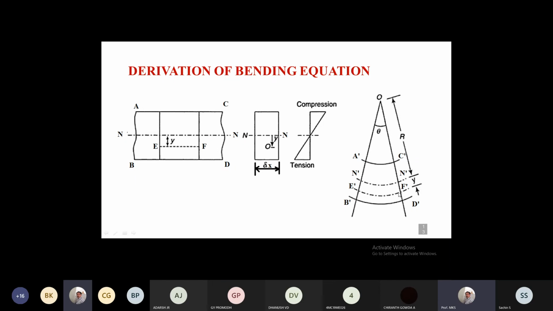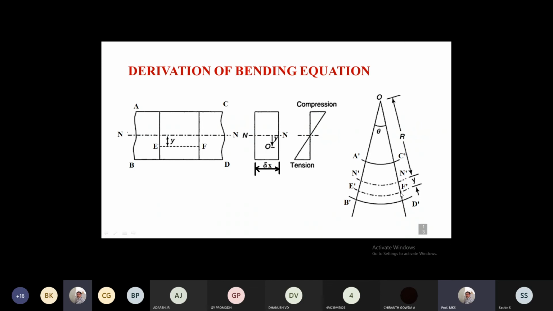Whereas E dash F dash will give the change in length. After applying the moment, this is going to be elongated. EF is the same as N dash N dash, whereas E dash F dash is increased in length. I need to find the change in length.